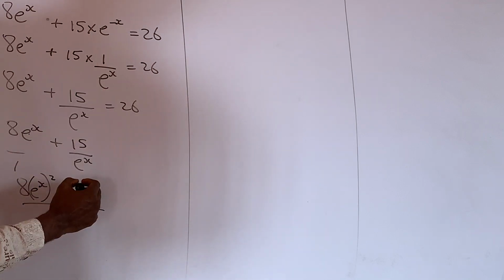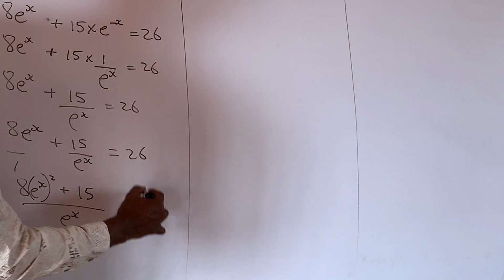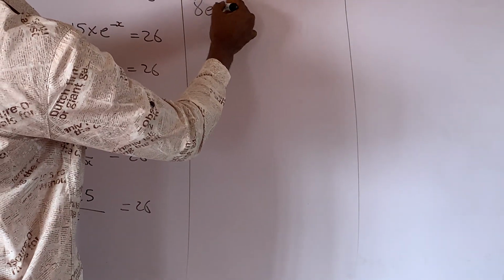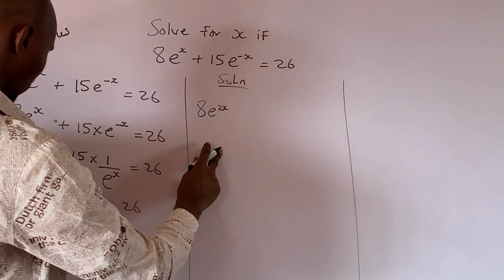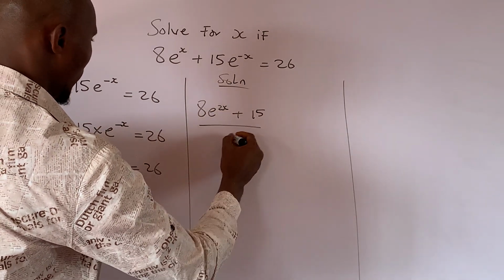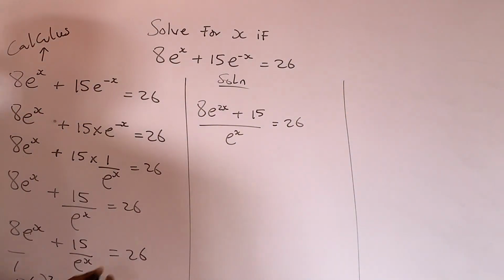That is 1. 1 times 15, 15. Don't forget, equal to 26. And this thing now means 8 exponential square, which is 2x, plus 15 over exponential equals to what? 26 exponential function.